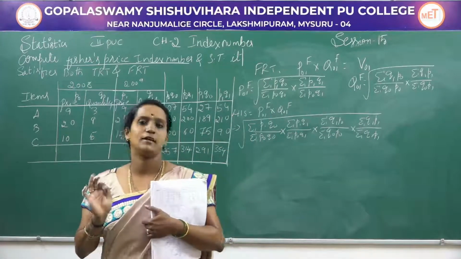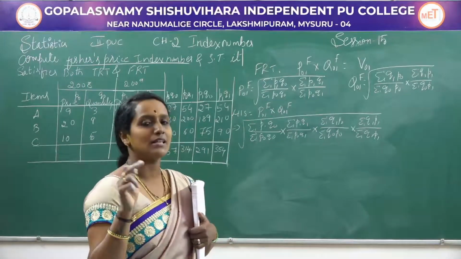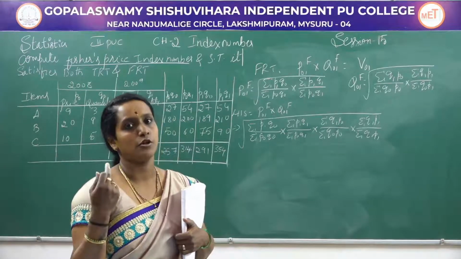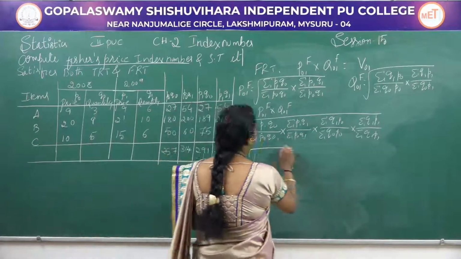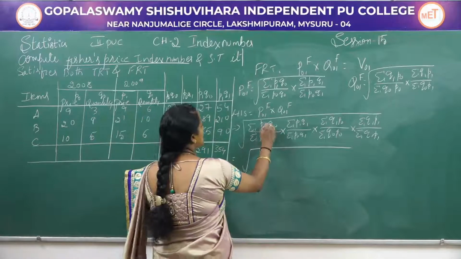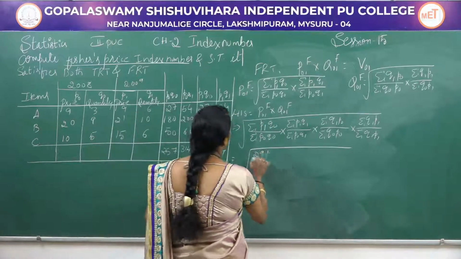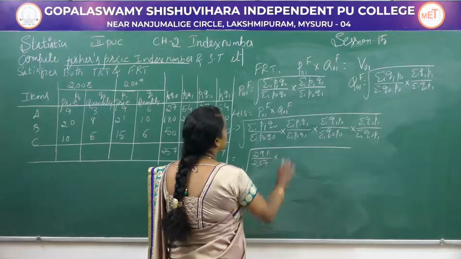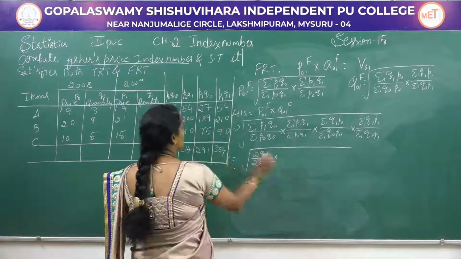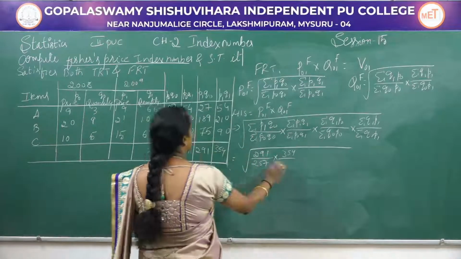Simply if you cancel the terms, there is no use, but you have to substitute the values, then we have to show it will satisfy. So this is square root of P1 Q0 is 291, P0 Q0 is 257, into P1 Q1 is 354 divided by P0 Q1, P0 Q1 is 314.